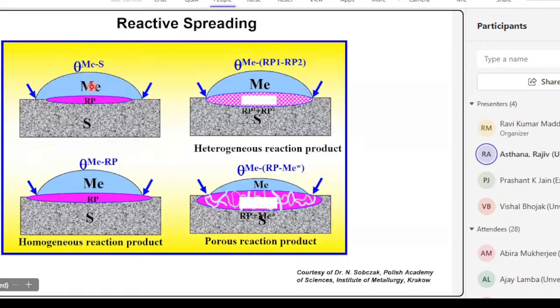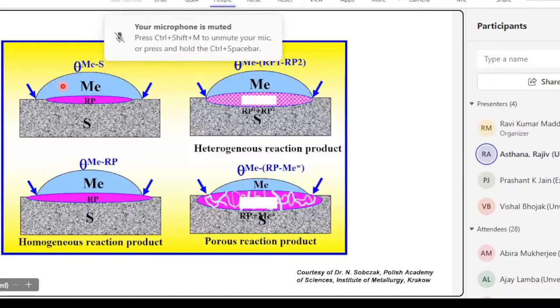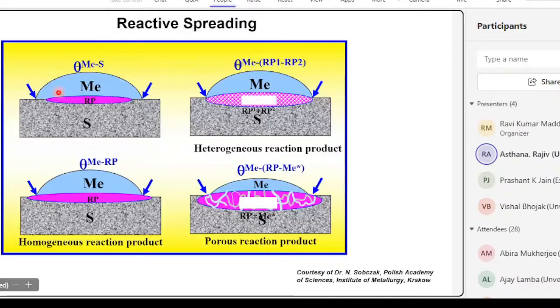The second possibility is that the reaction layer grows faster than the spreading of the liquid. In this case, the liquid spreads not on the original solid, but on the modified surface. Then there could be challenges like cracking or pore formation in the reaction layer, so some of the liquid will penetrate and be lost from the surface. In the reaction layer, it may not be just one reaction product. It can be multiple reaction products depending on the systems involved. These kinds of complexities are being studied in high temperature systems.